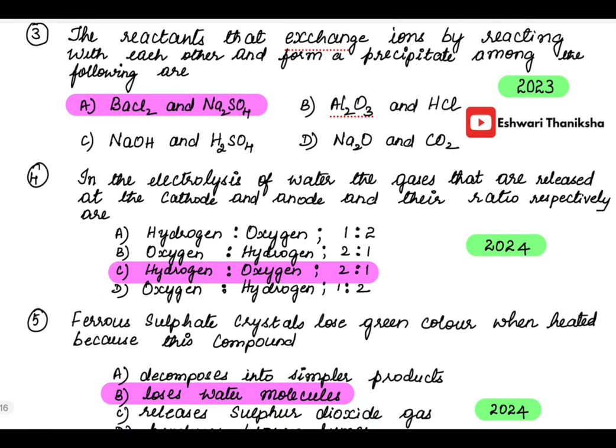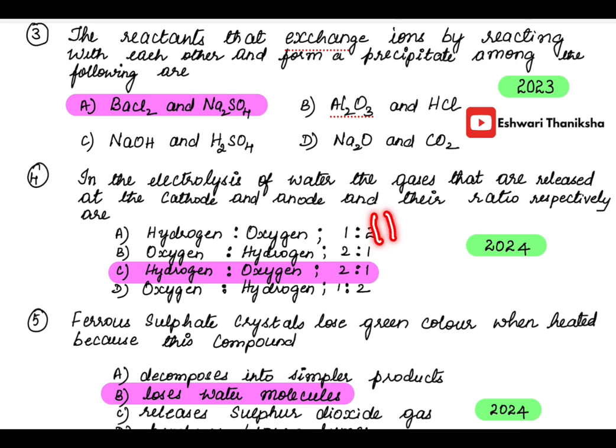Next, in the electrolysis of water, the gases that are released at the cathode and anode and their ratio respectively are... Students, you know that at the cathode hydrogen gas will be liberated and at the anode oxygen gas will be liberated. What is their ratio? What is the formula for water?